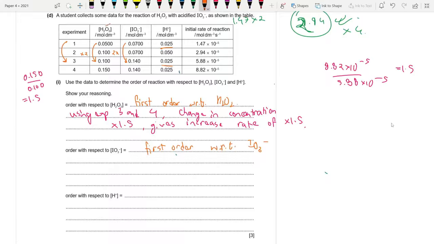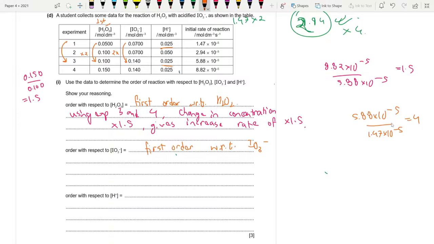Since we've doubled this and it's first order, look at the total change. 5.88 times 10 to the power minus 5 divided by 1.47 times 10 to the power minus 5. How much is the change actually? That's 5.88 divided by 1.47, which is actually 4 times. So what actually happened?